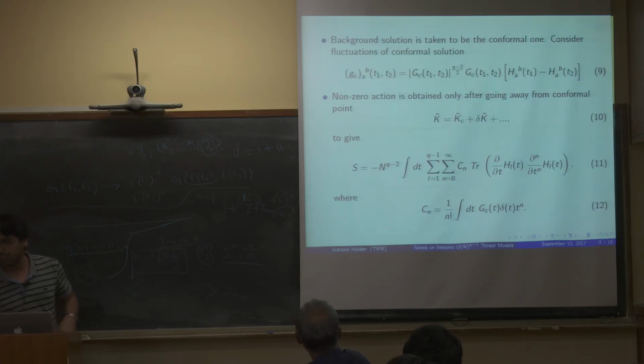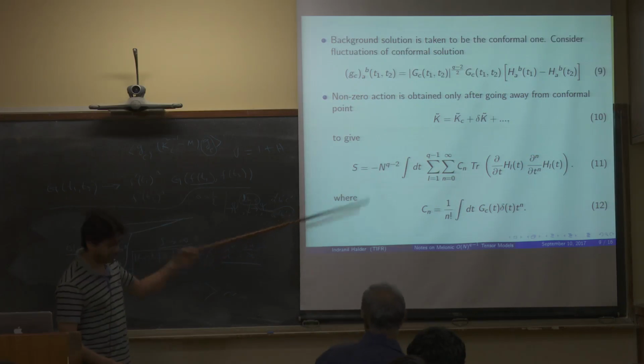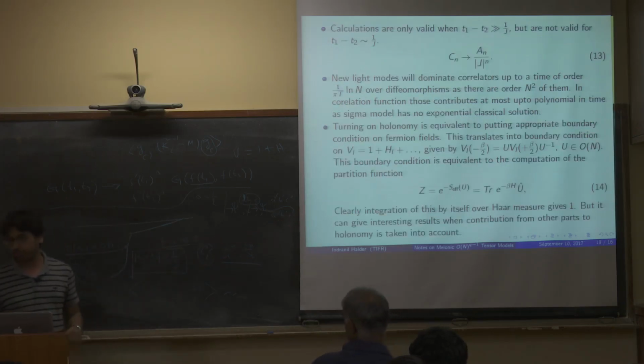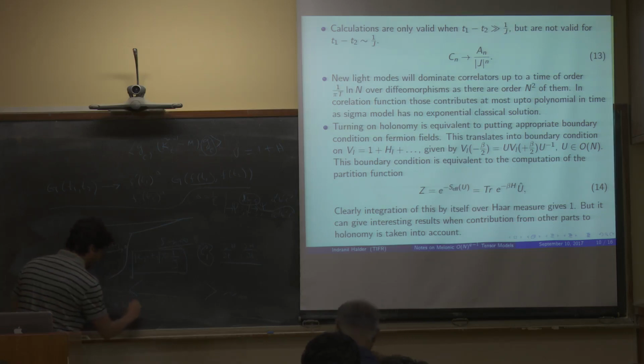But an important difference is that now you have lots of these modes, so there are so many factors of N sitting in front. So when you do this calculation in the correlators, these modes will at least dominate the physics for times of the order 1 by temperature times log N. So there is this exponential contribution from the Schwarzians, and then you have things like this from our modes.